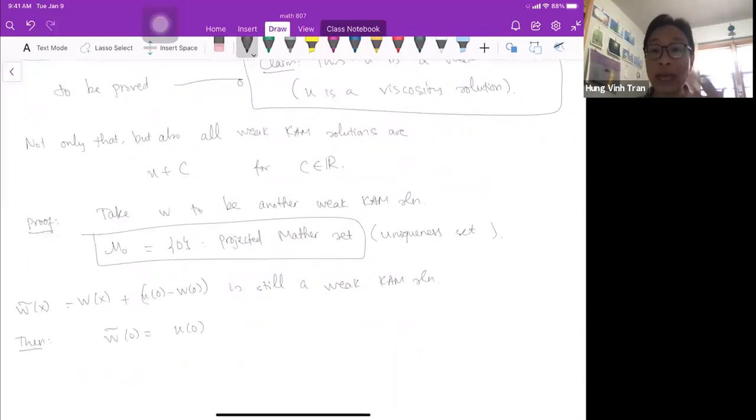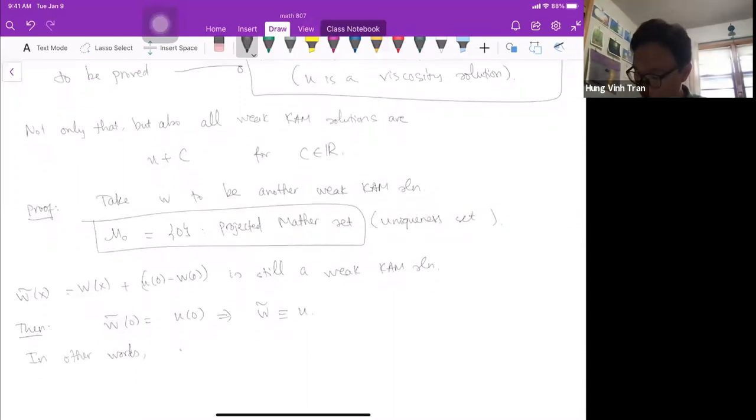So w tilde and u are both weak KM solutions, and they agree on the projected Mather set. So this implies that w tilde has to be u. Okay, so in other words, I would have that w of x is just u of x plus a constant c, right? So we are done.